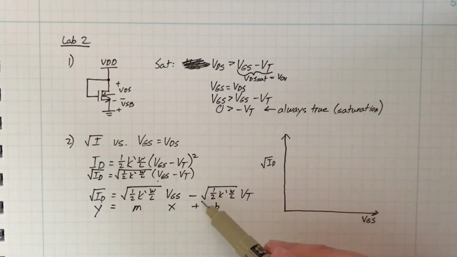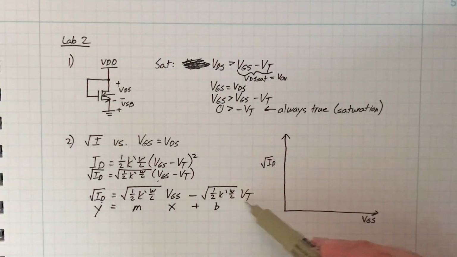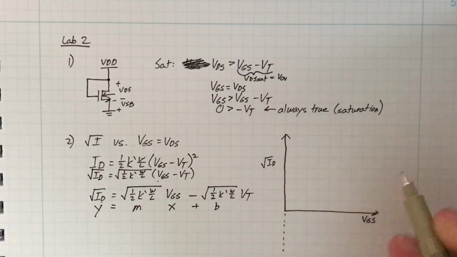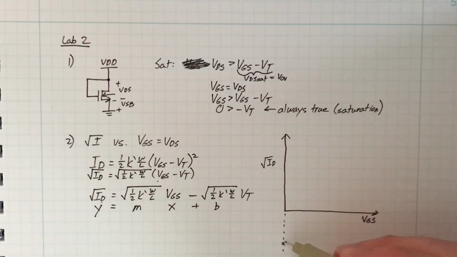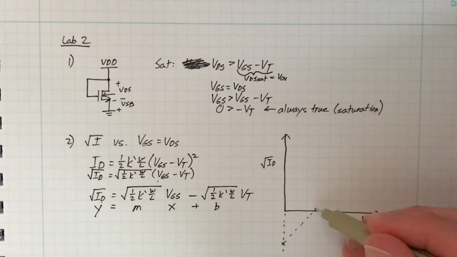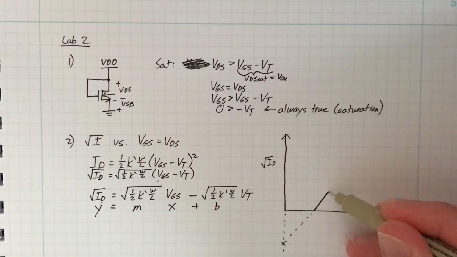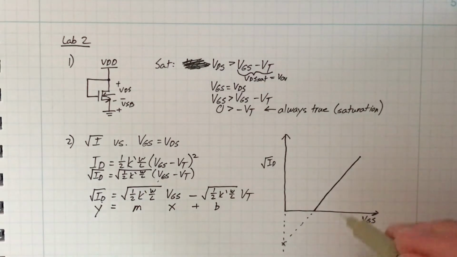The y-intercept is going to be a negative value because VT is positive, square root of this stuff is going to be positive. So this is actually going to intercept down here somewhere, if you could do that. But if you did a straight line upwards from there with a positive slope, then we expect a straight line like that with our data.